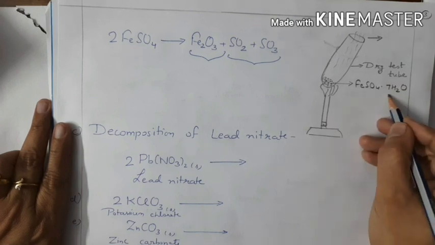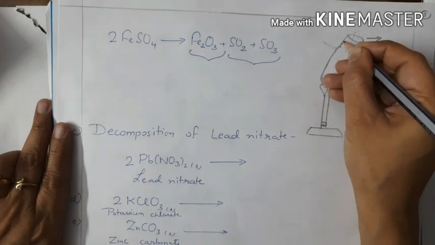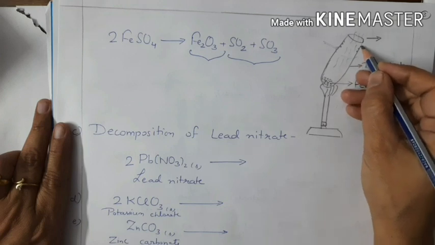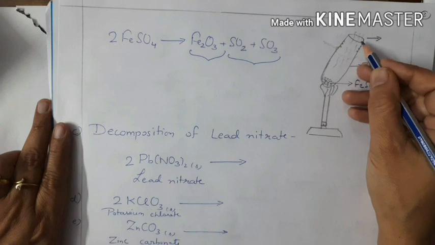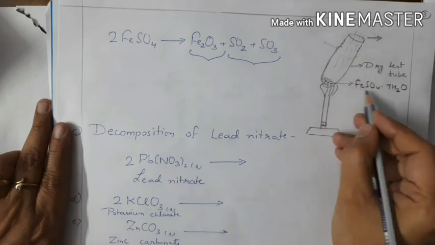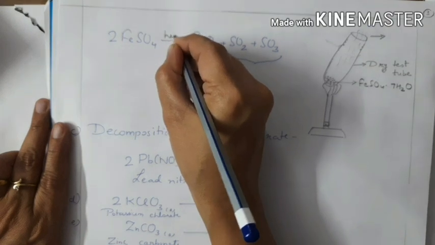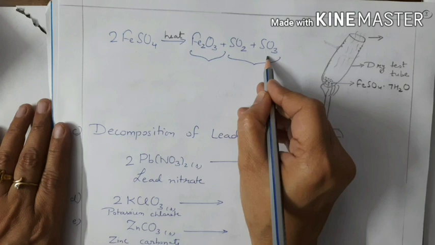When it is heated, it initially loses water of crystallization and some water droplets are seen on the walls of the test tube. After some time, these water droplets will disappear because they will turn into water vapor. On heating further, this ferrous sulfate undergoes the decomposition, breaks down into 3 substances.